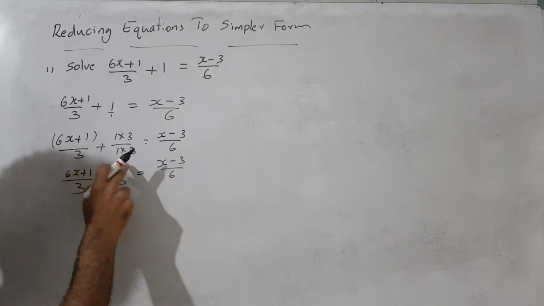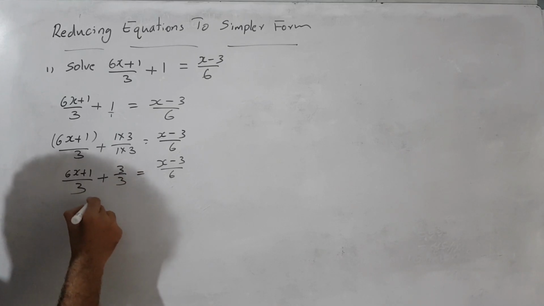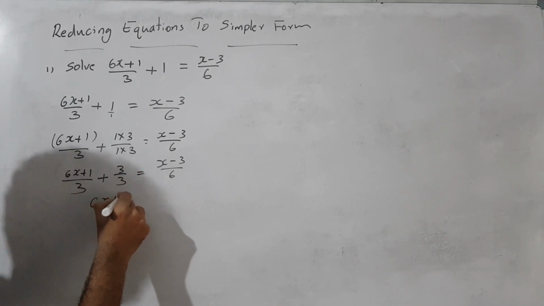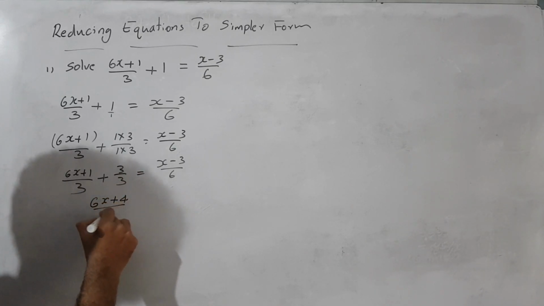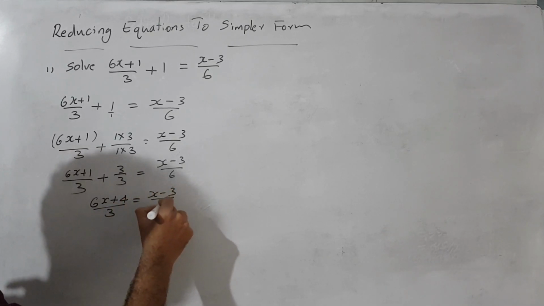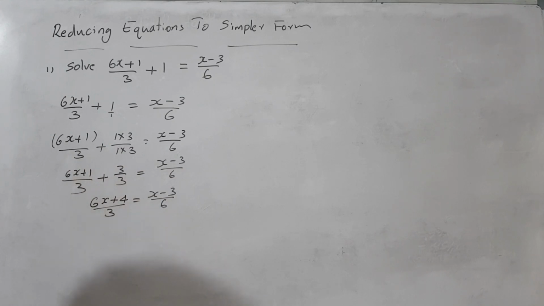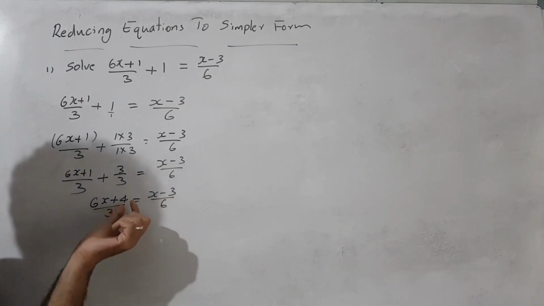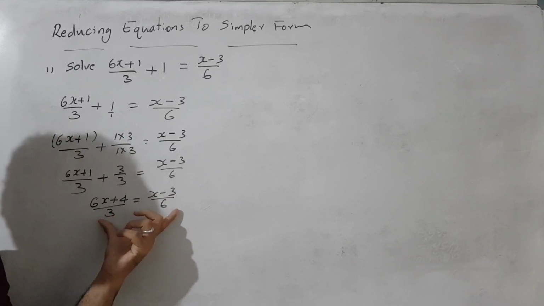We know that 1 + 3 is 4. Then we get (6x + 4)/3 = (x - 3)/6. Okay, the next, now we got both sides of the equality sign in the form of fraction.